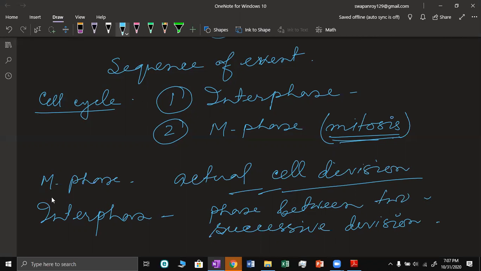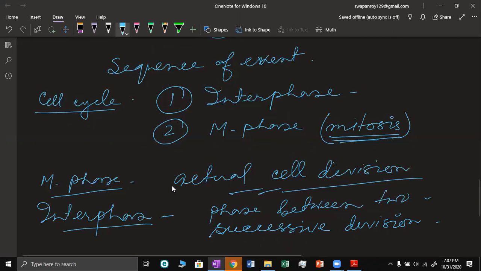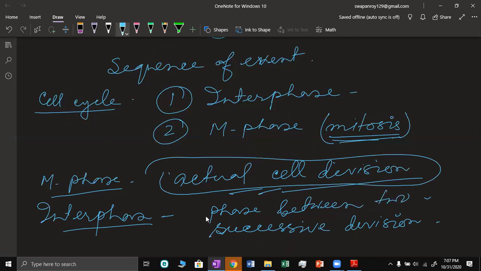So there are two phases, one is M phase and another is interphase. Here is the actual division, and here it is preparation and growth.